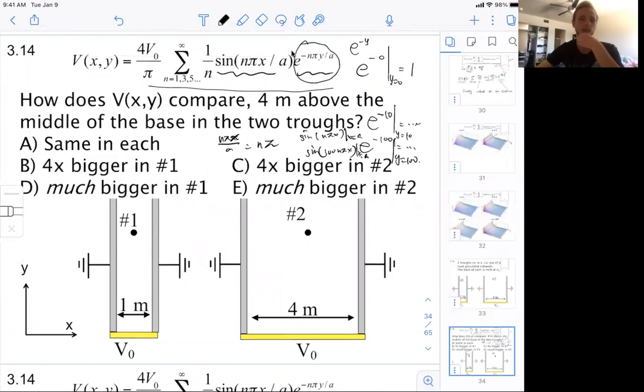So now if that is dominating, what we're changing is the a value, right? One has e to the negative n pi y over a, with a equal to 1, and two is e to the negative n pi y over 4. So which one gives you a bigger value?